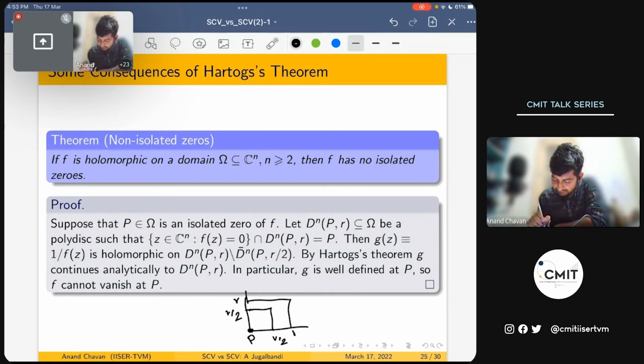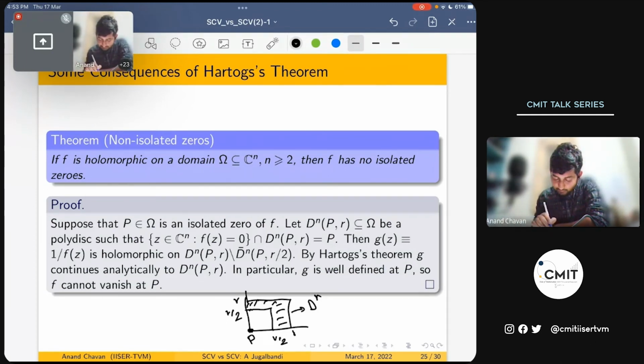You can see that the function g, which is 1/f(z), is holomorphic in this, and this disk D has no other zero apart from the point p, and I have removed that zero. So what I have right now is this function g(z) = 1/f(z), which is holomorphic. If there were a zero, then 1/f at that zero would be unbounded, and g(z) would be unbounded. So p would be a bad point.